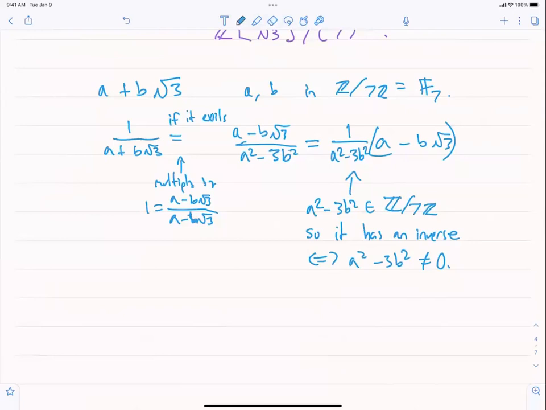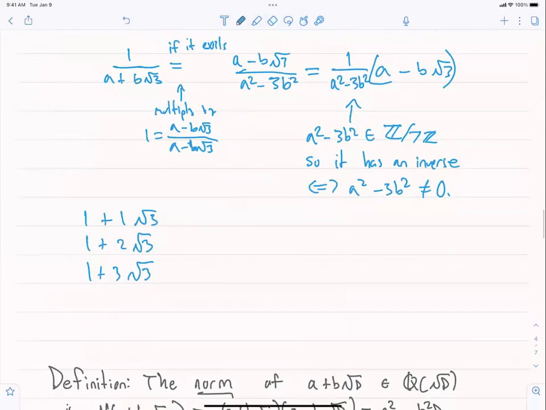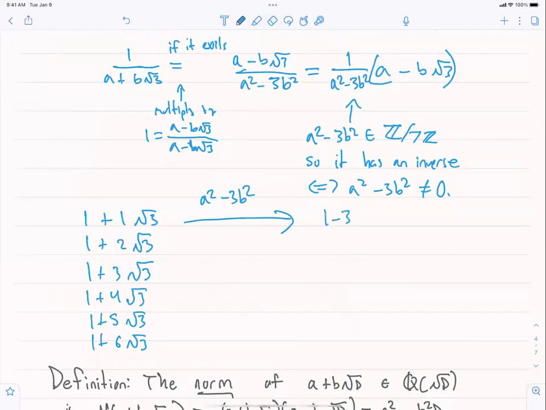So for example, if we take 1 plus 1√3, let's just do all of these: a squared minus 3b squared, and see what I get. Here I get 1 minus 3 is minus 2, not equal to 0. So this one has an inverse.